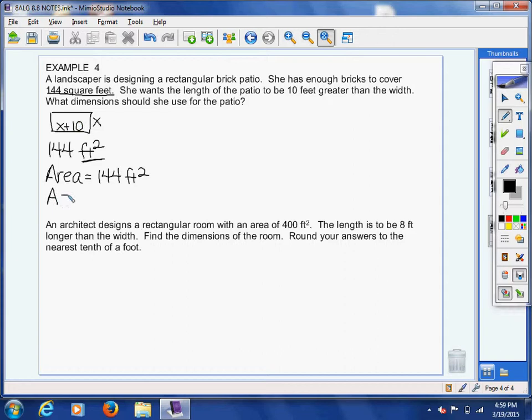Remember, area equals length times width. So if I take these things, here's the width, and I'm going to multiply it to my length, and that's equal to my area, look what I've got. Let's distribute. Let me show you what's emerging from this picture as I simplify that left side for you.